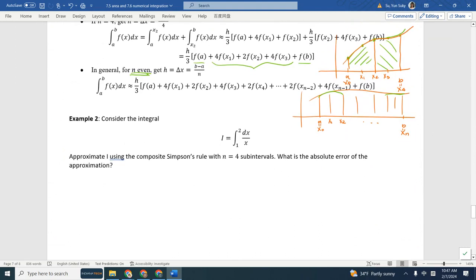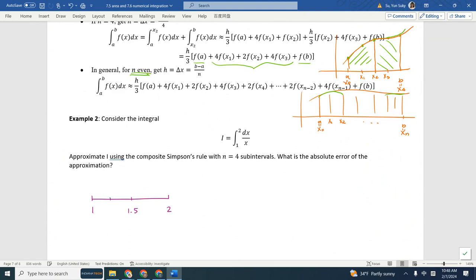Now, example 2. We do the same integral using Simpson's method. Let's see. We draw the picture from 1 to 2, and n equals 4. Again, what is the midpoint of 1 and 2? 1.5.